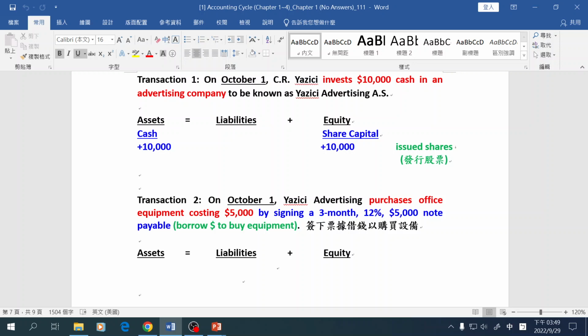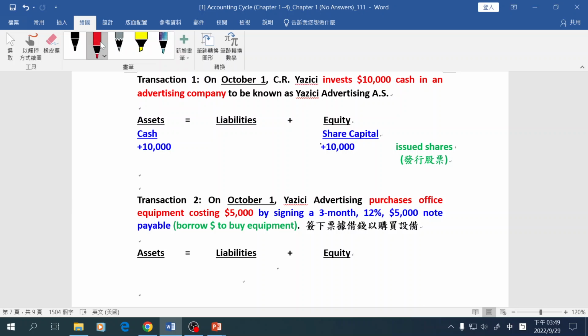So from transaction 1, the keyword is invest. So did you find out? When we talk about a shareholder investing in your company, how do we describe it? Share capital increase, right?